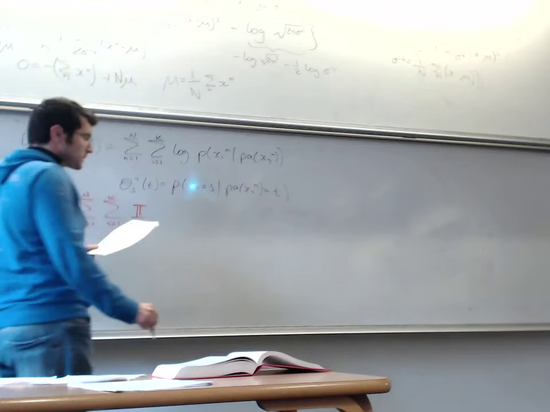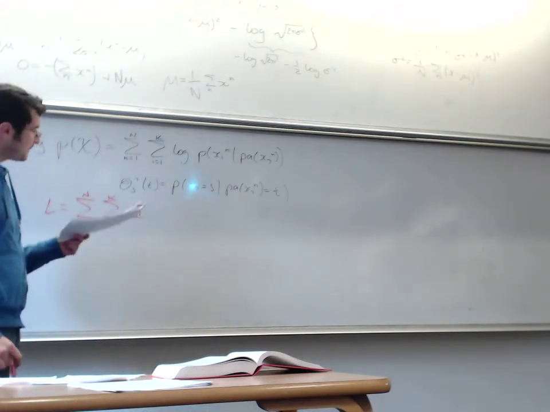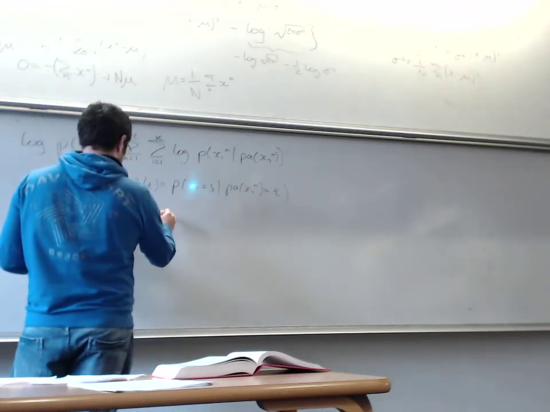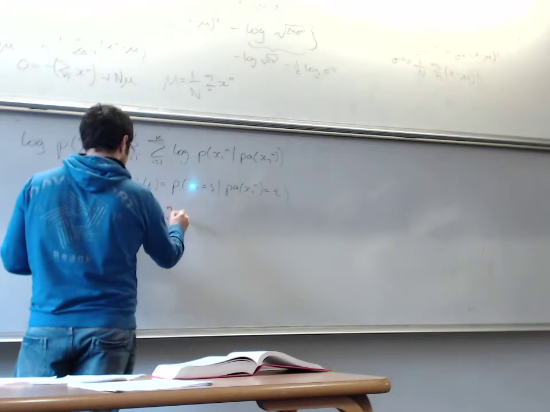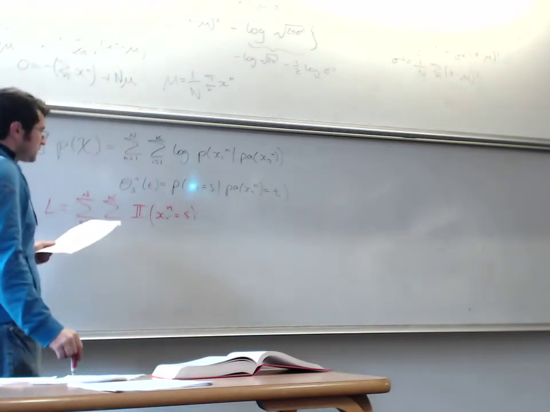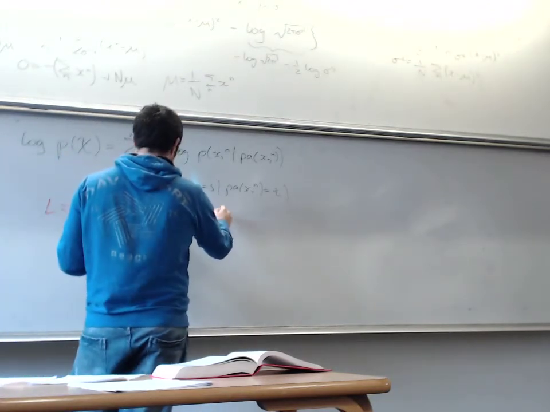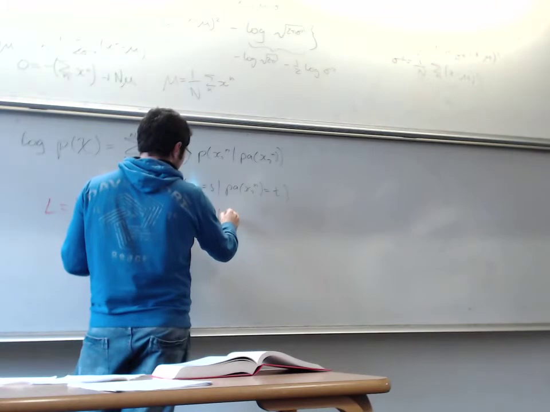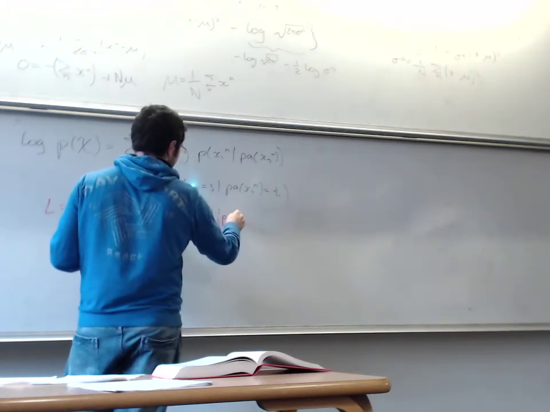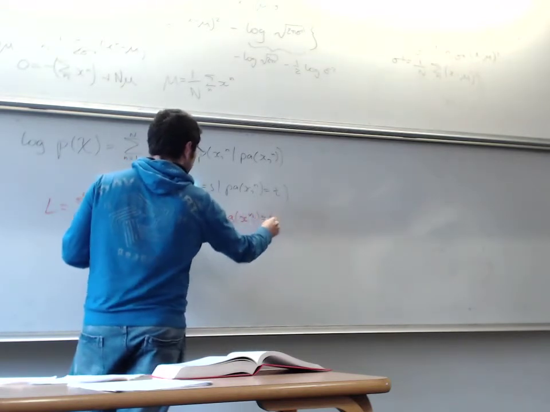Indicator functions just have the value 1, basically, when the thing in the brackets is true. So the effect is to assign the value of x_n to the variable s, and also assign the values of the parents of x to t.